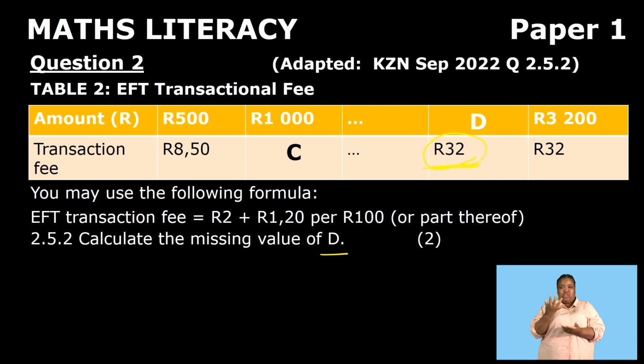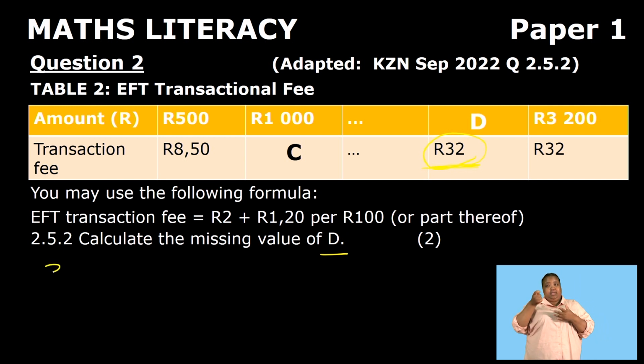So now using the same formula, the transaction fee is what we are looking for, and then we are going to say equals to the transaction fee we are given.